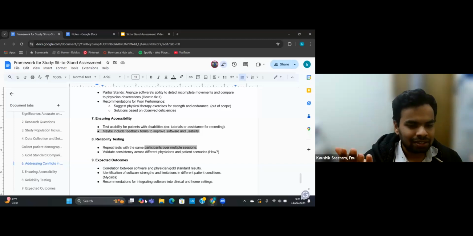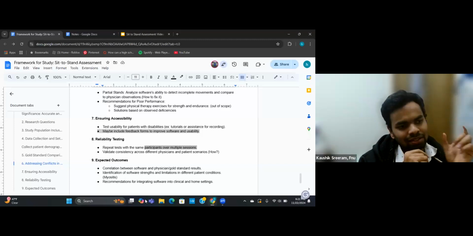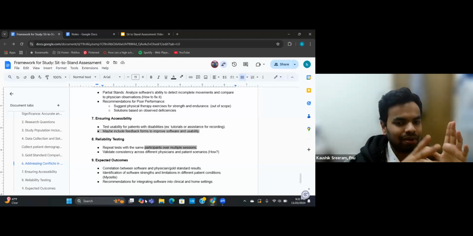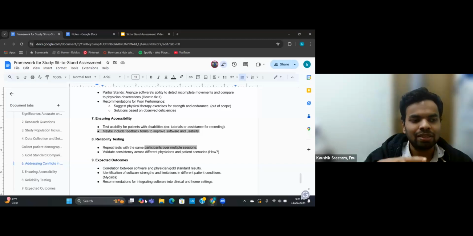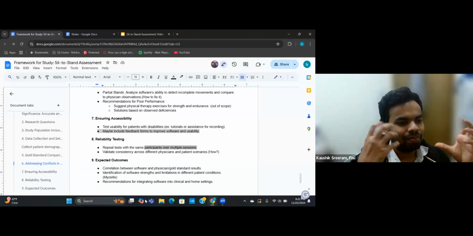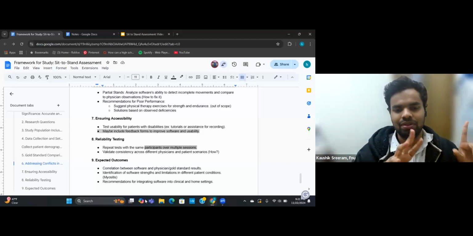You know how I would title this study? I would say something like changing sit to stand from a quantitative test to something that also captures quality.